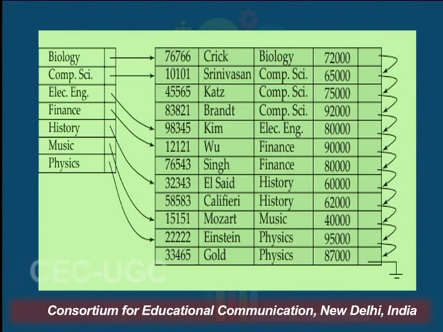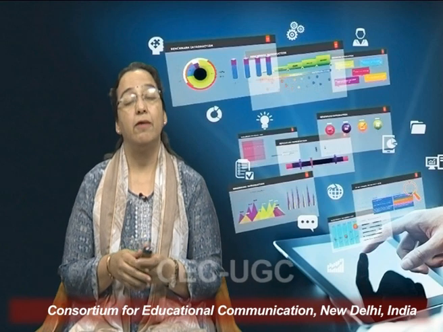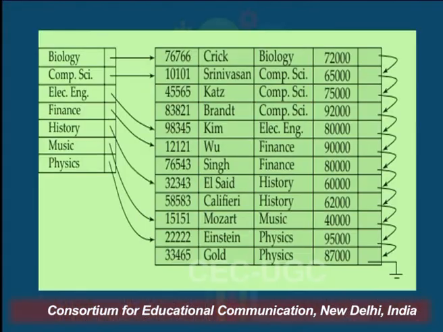For example, if we are looking for the instructor Brand, who is in computer science, we will follow the pointer of computer science, and within the records of computer science we will look for all the instructors, and eventually, if the record is there, we will find it. This is what sparse indices are.